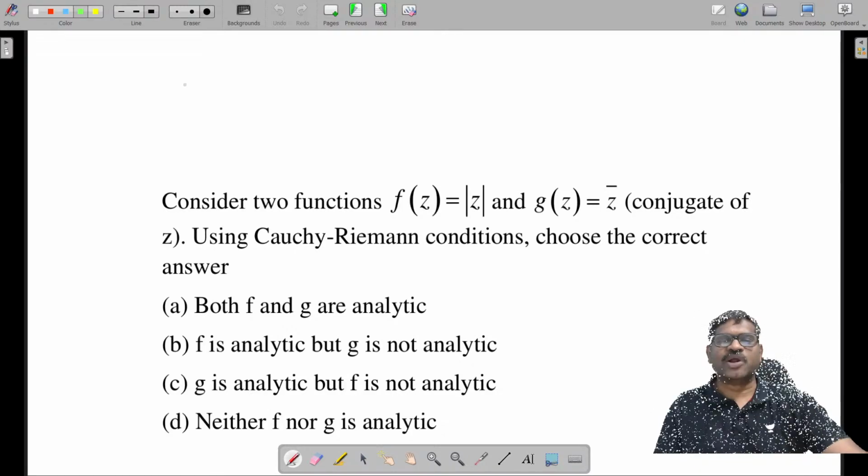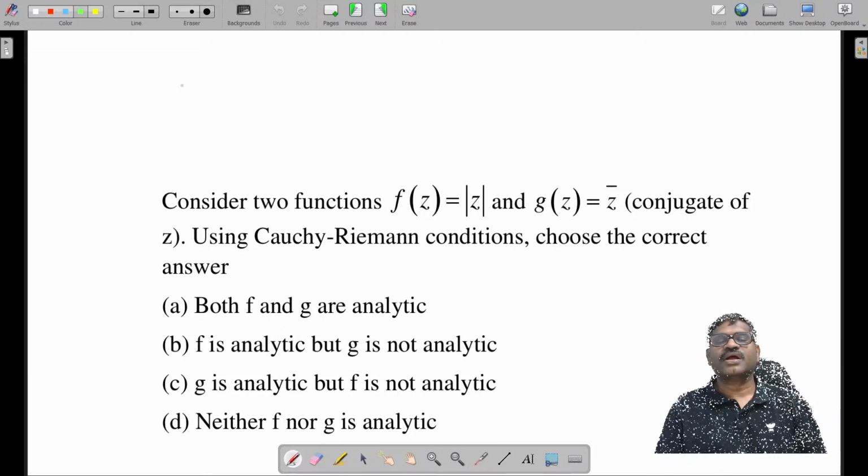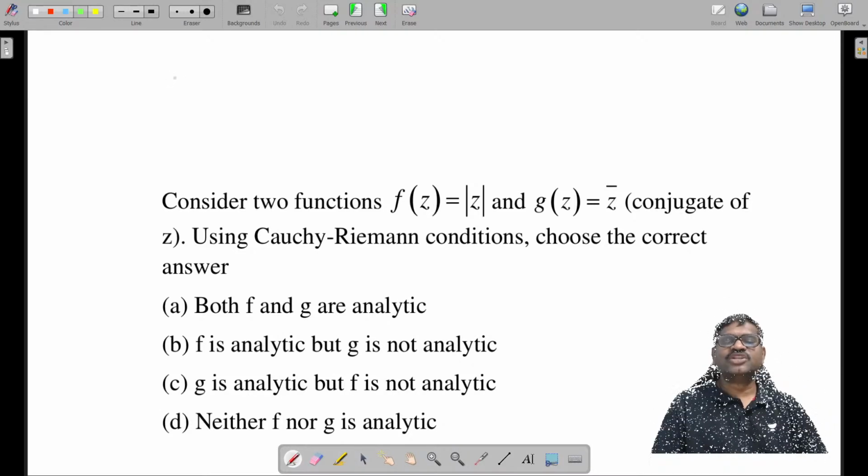F of z is mod z, g of z is z bar. Using CR equations, choose the correct answer.